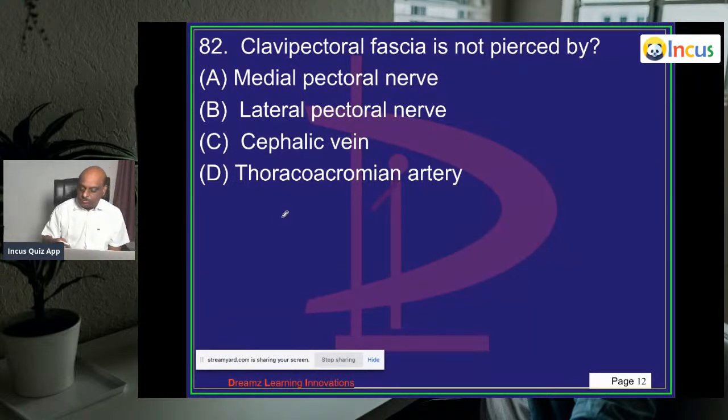How do you like to respond to this question? Deepthi Birla is proposing lateral pectoral nerve. Ritu Raj, after a long time, please welcome. Nirbhay Kumar is also saying lateral pectoral nerve. Nay.